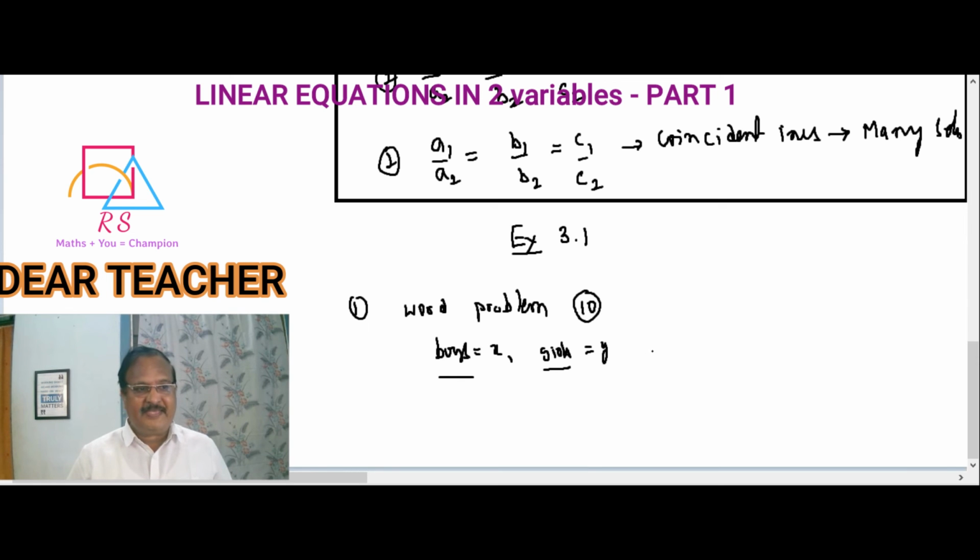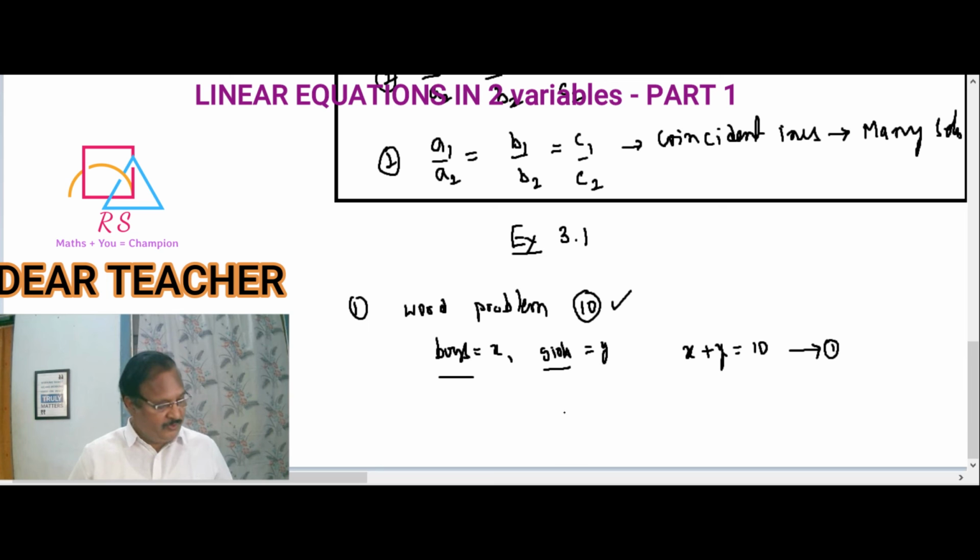So boys is X and girls is Y. Then X plus Y is equal to 10 because total 10 students were there. So this is the first equation, first condition. And then he has given a condition also. What is that condition? If the number of girls is 4 more than the boys.